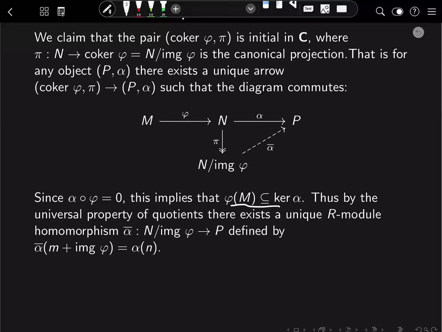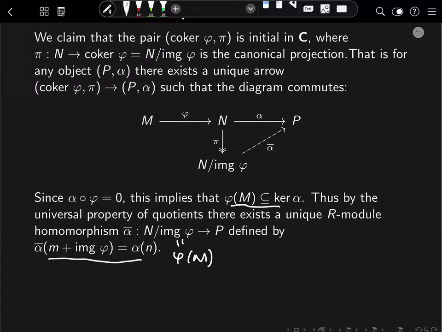So this is referencing the universal property of quotients, right? If we have a submodule of a kernel, then there is a unique R-module homomorphism that maps N mod, well, I'm calling it the image of phi here, but really this is just phi of M. So N mod phi of M onto P, which is defined through this guy right here.